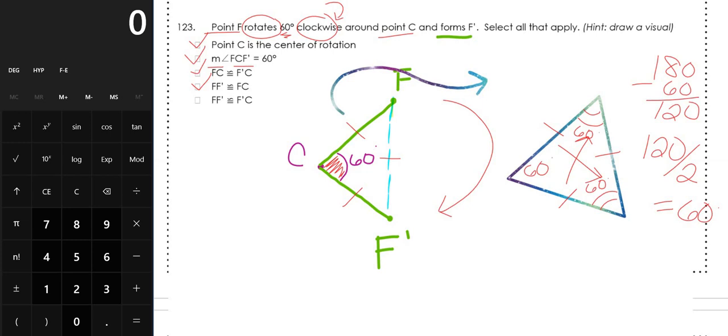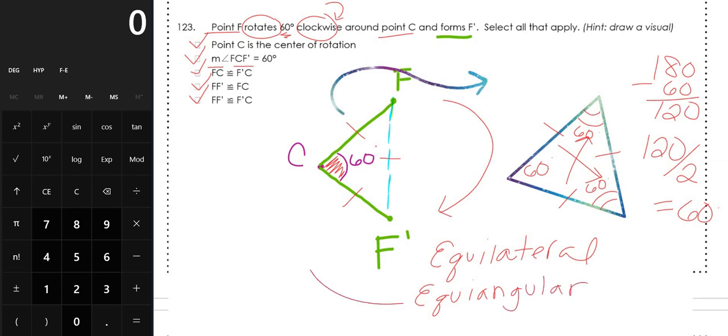And the last one, FF prime, so that blue line segment, is congruent to the bottom side, F prime C. Yes, that's true. All the sides are congruent. Okay, so we formed here an equilateral triangle, equilateral and equiangular. And that was only because it was 60 degrees.